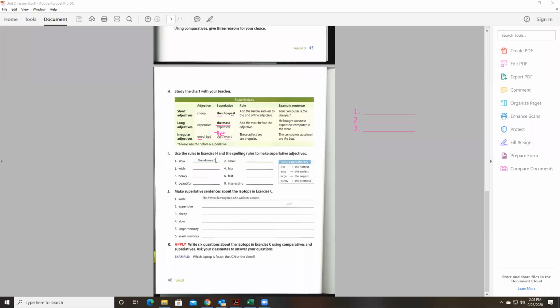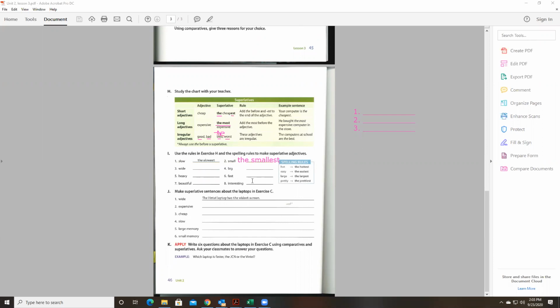Okay, so for example, let's look down here. You have these adjectives and you have to turn them superlative. Okay, and here's some more spelling rules. They're the same ones. So number two, we know is a short adjective. So we will add est at the end, the smallest.